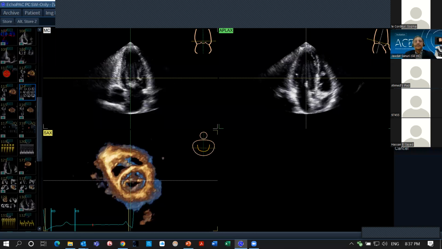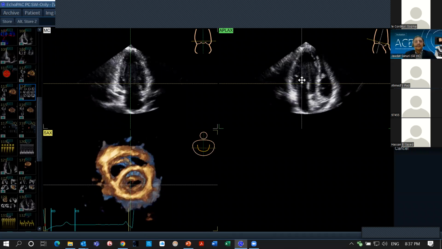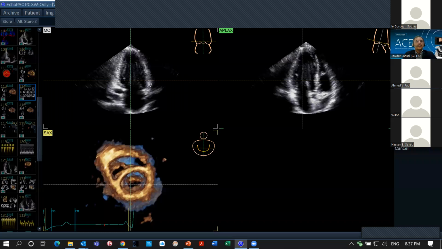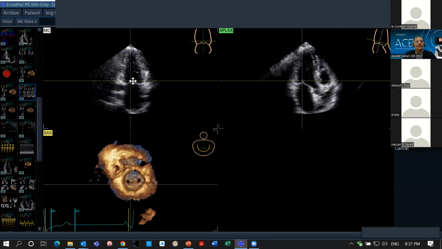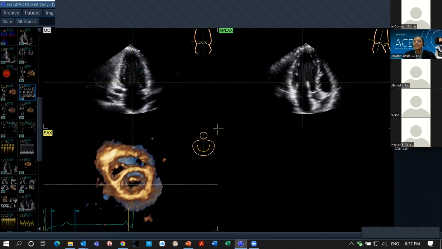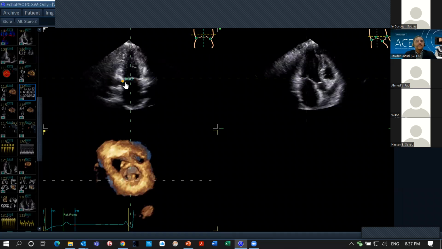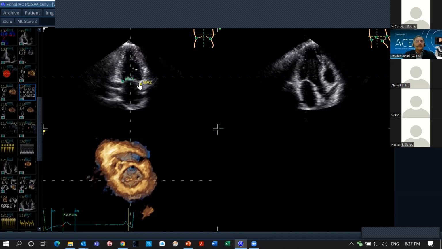Okay, so here's the pictogram guidance. We need to set the landmarks for the insertion points. You can zoom this.